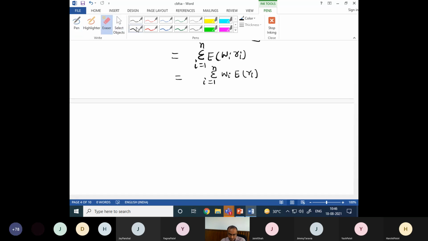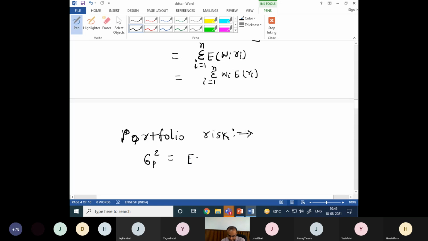So now let me take the pen again. Portfolio risk. Can anybody tell me how I can define portfolio risk? How can I model the portfolio risk? It is sigma p square. And what should it be?